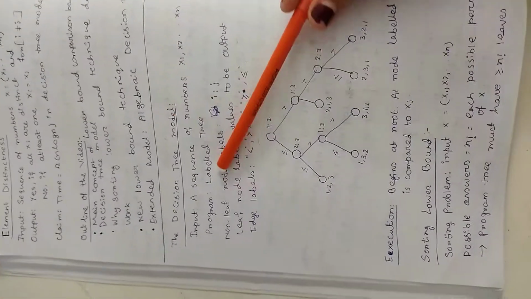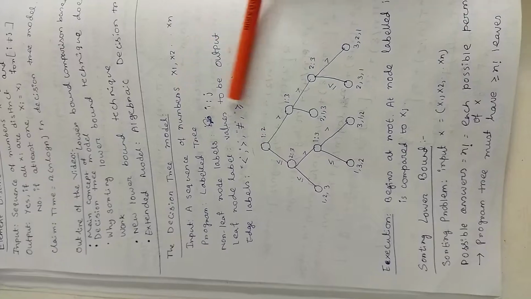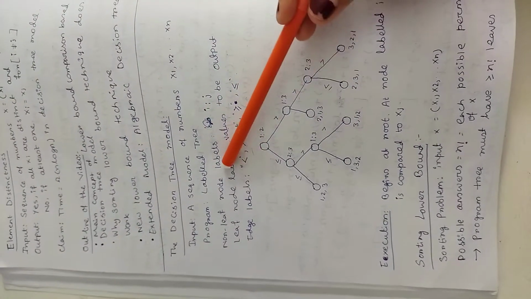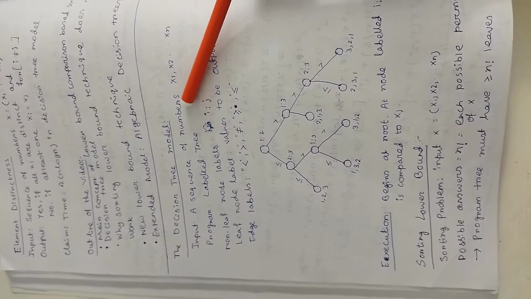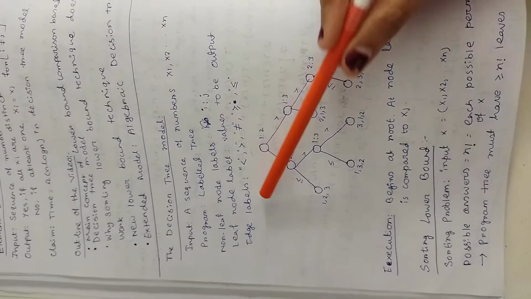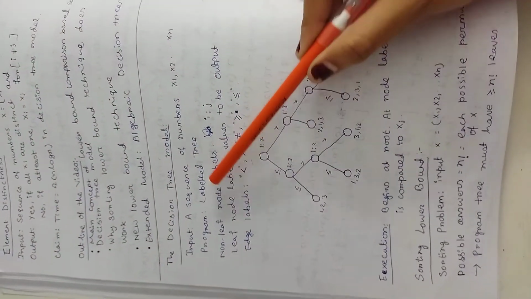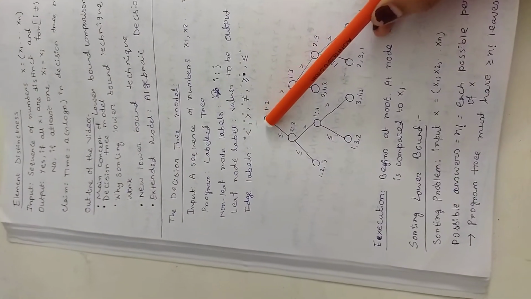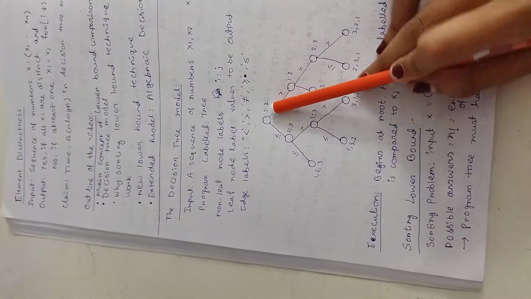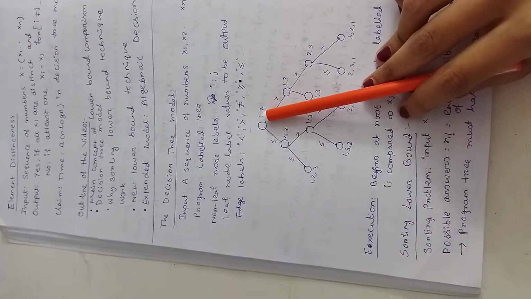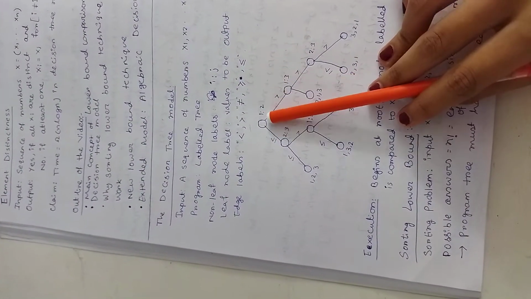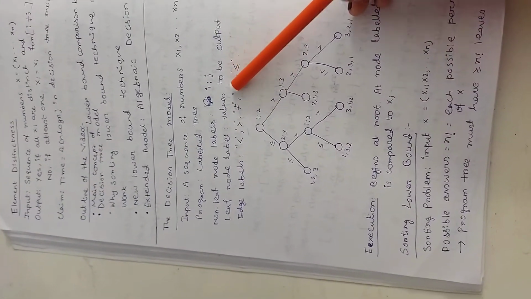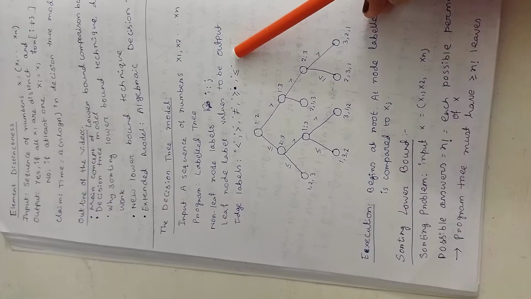The program is a labeled tree, and the format of the non-leaf node labels is i : j. The root node is written as 1 : 2, which is i : j, and at the leaf node labels we can find the values of the output.